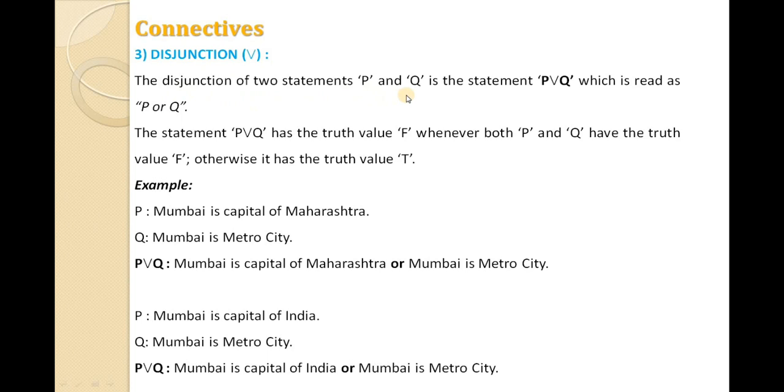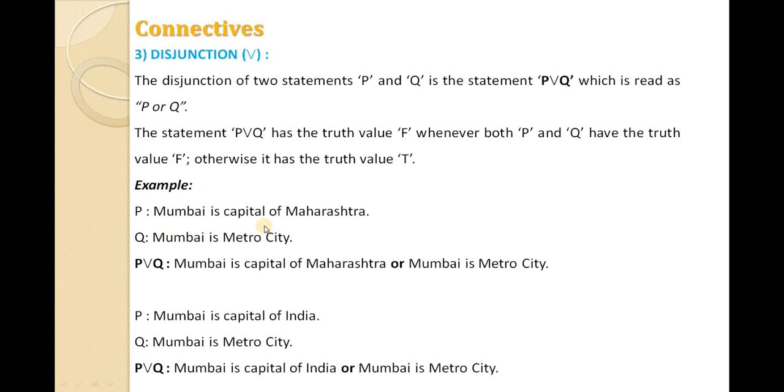The disjunction of two statements P and Q is the statement P or Q, which is read as P or Q. The statement P or Q has the truth value F whenever both P and Q have the truth value F. Otherwise, it has the truth value T. Means if both truth values for P and Q are F, then the final conclusion is F. Otherwise, it is T. Means in other words, if anyone is true, then the final conclusion is true, otherwise it is false.